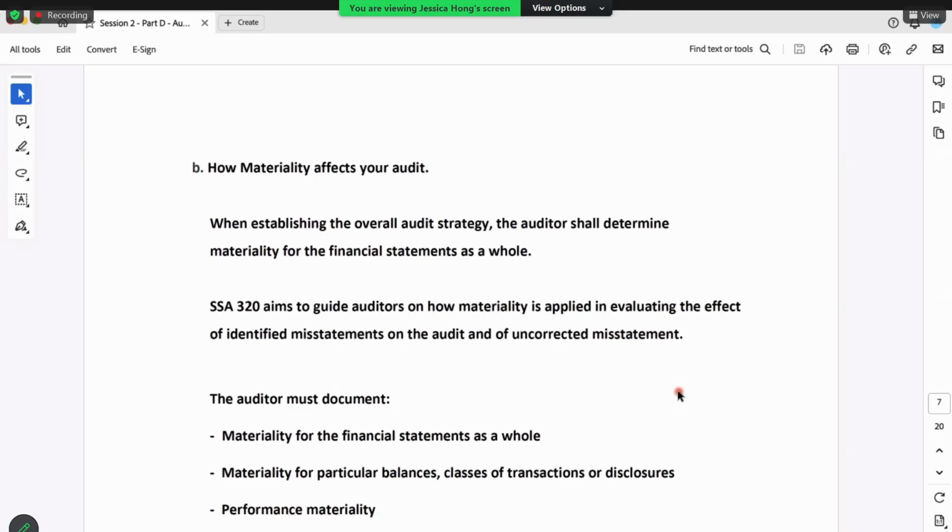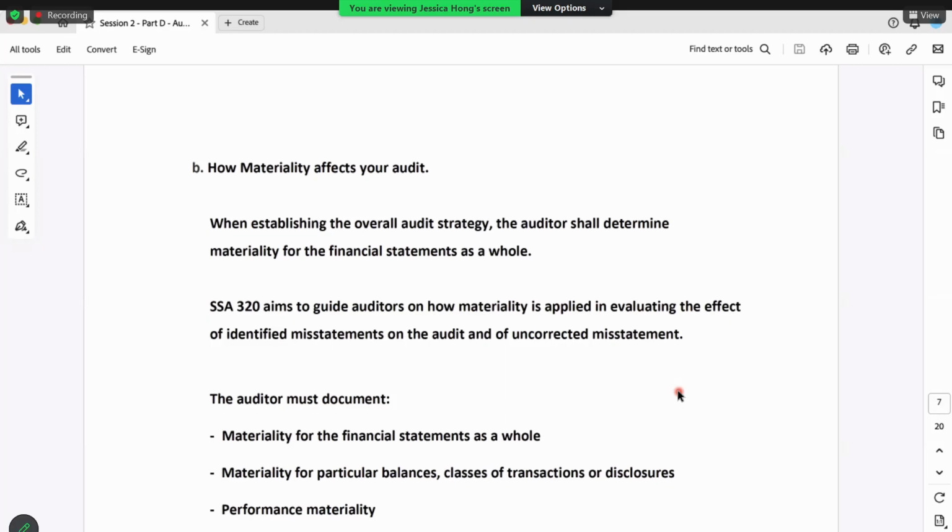The higher the risk that we assess, say a high audit risk, the lower the materiality, because that will increase our ability to detect material misstatements. Most of the time in the question, sometimes materiality is defined by the question, sometimes not.